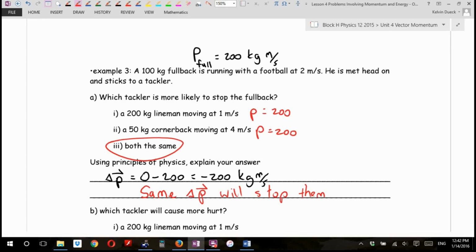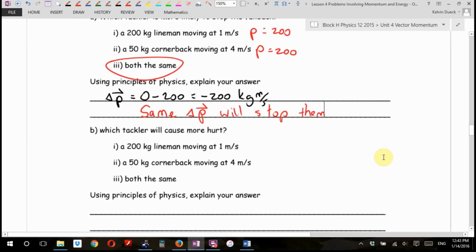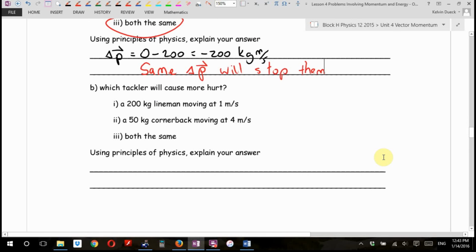Here's the more interesting question for you as a football player. Which tackle will hurt more? Being hit by a 200 kilogram lineman moving at 1 meter per second, or a 50 kilogram cornerback moving at 4 meters per second? Why? That's the question. Why? Using principles of physics. When we're talking about a collision, what determines the hurt?